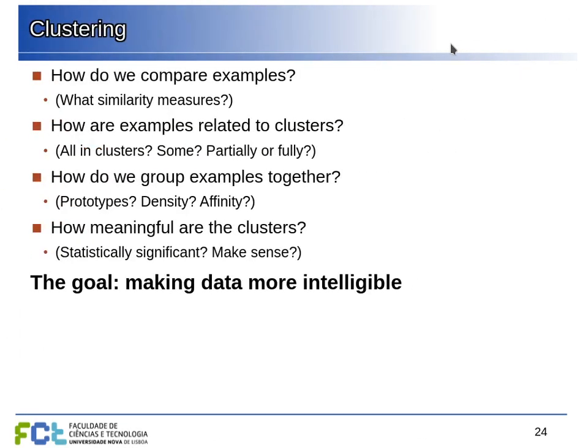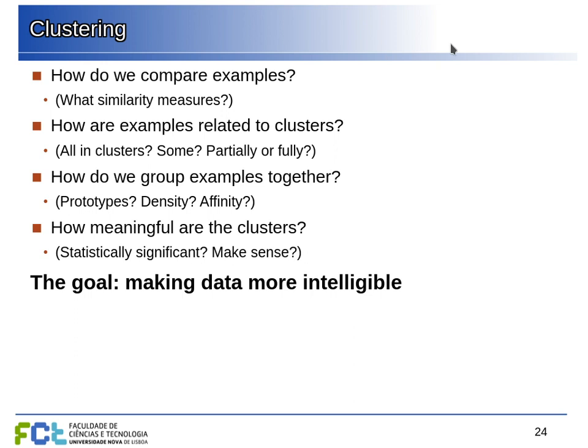So basically, when we are applying clustering, we do not have this objective well set up from the beginning like we had in supervised learning, where basically we want to approximate our predictions to some known target values. We want to make data more intelligible or find some meaningful structure in the data, test some hypotheses or something like that. And so we have to decide how to cluster the data in accordance to those objectives.